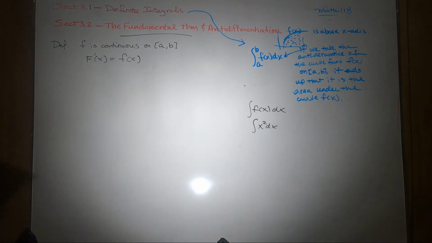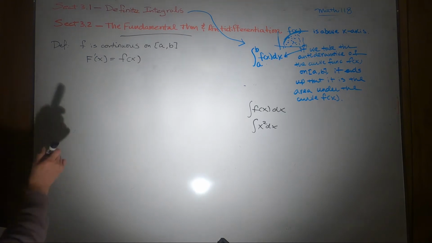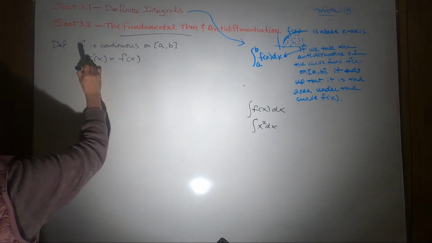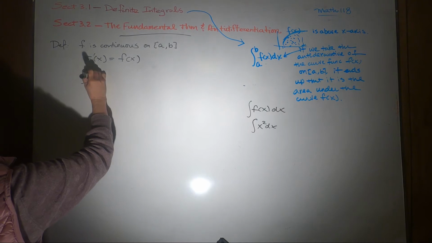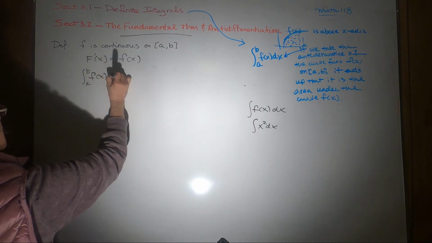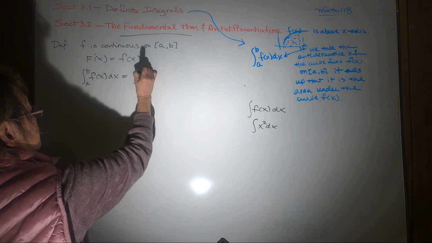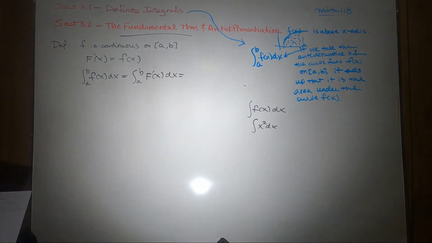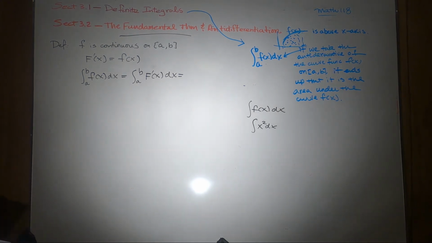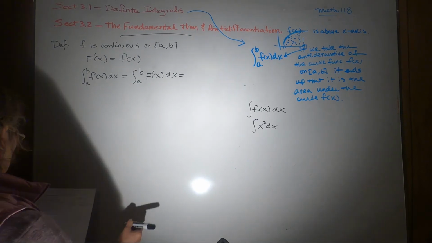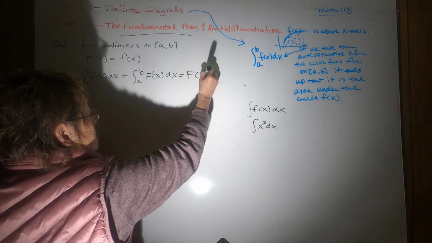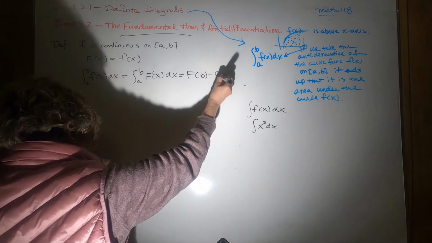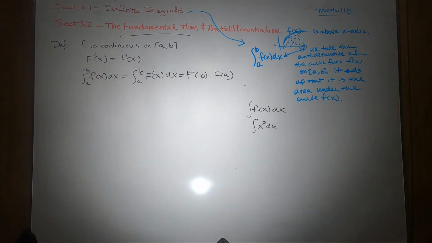Then we have this situation: the definite integral of f of x with respect to x is the same thing as this, and it ends up being F of b minus F of a.